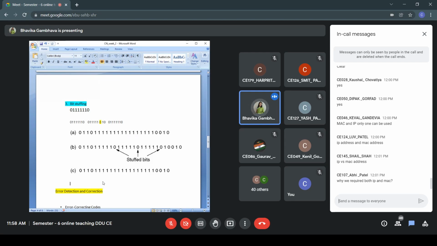Yes, the question was this: if MAC address is unique and if IP address is unique, why do we require both of them? And we have a third address as well. Which is the third address? Port address. So if we have IP address and MAC address, do we require port address? Yes. We have no doubt that port address will be required because IP address and MAC address are of the system, while once you reach the destination system, that is not sufficient.